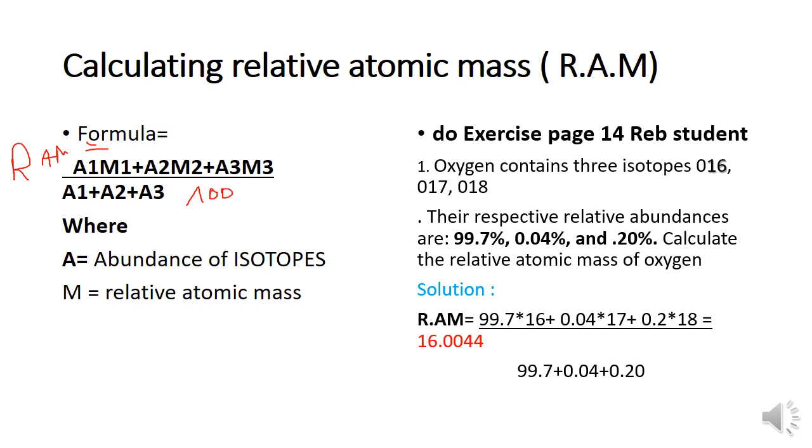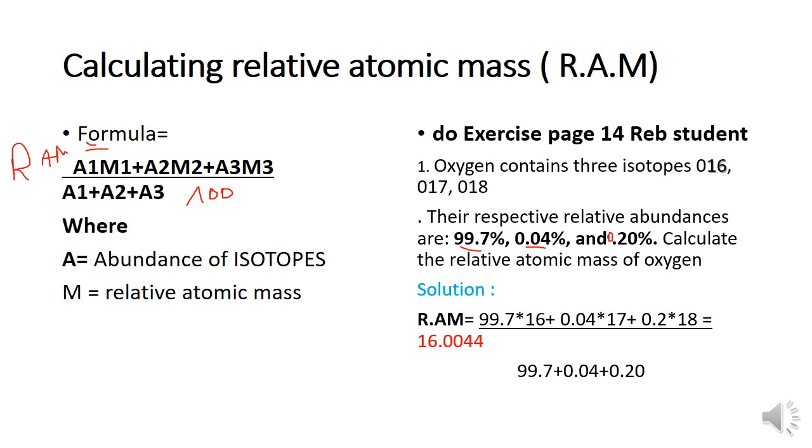Ahangaha urugero, turi gushaka relative atomic mass, reka turebe urugero baduhaye. Batubwiye oxygen contains 3 isotopes, oxygen 16, 17, 18. Then izi ni percentage zayo, oxygen ya 16, ya 17, hano hari 0.2.